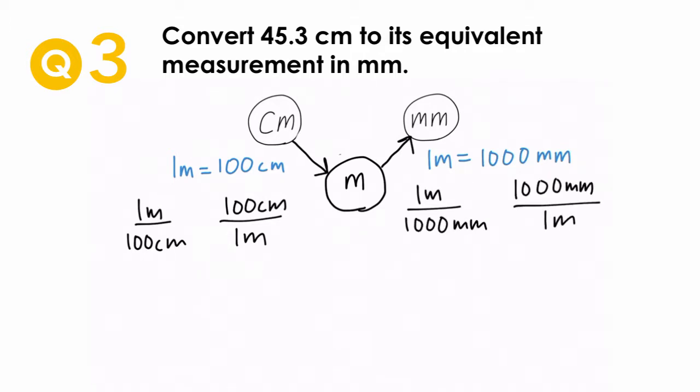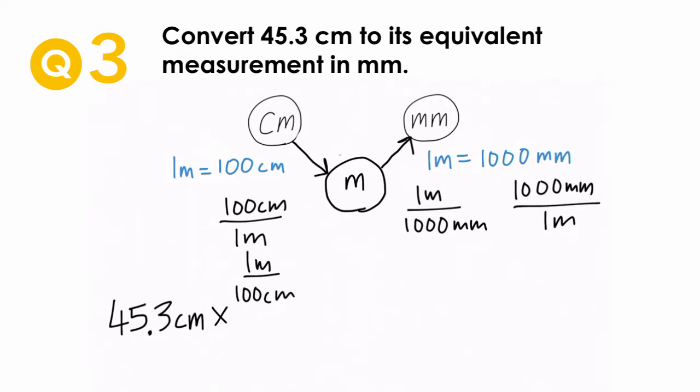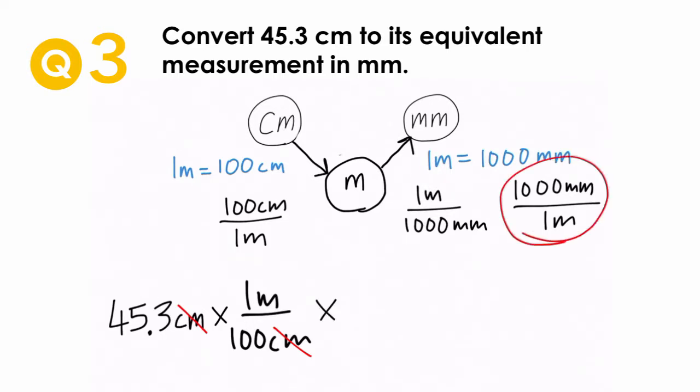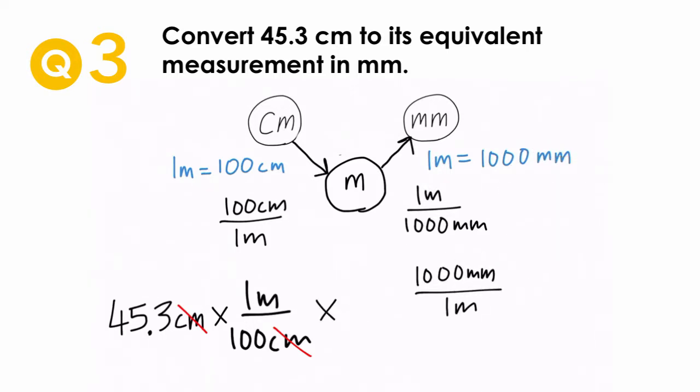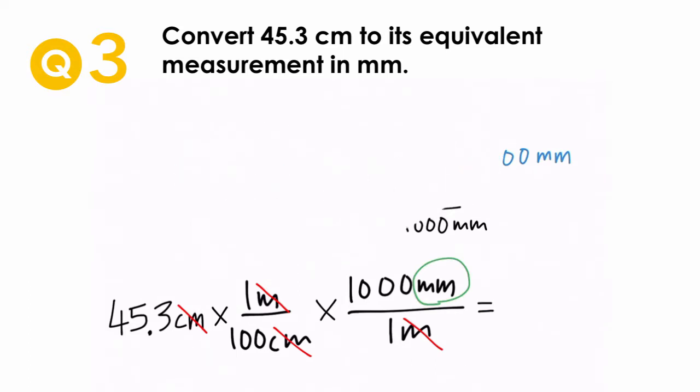You start the calculation with the original value, like I did earlier. So you start with 45.3 centimeters. You use this conversion factor to get rid of centimeters. Now you want to get rid of meters. So you use this conversion factor next. What's left will be the millimeters, which is the desired unit.